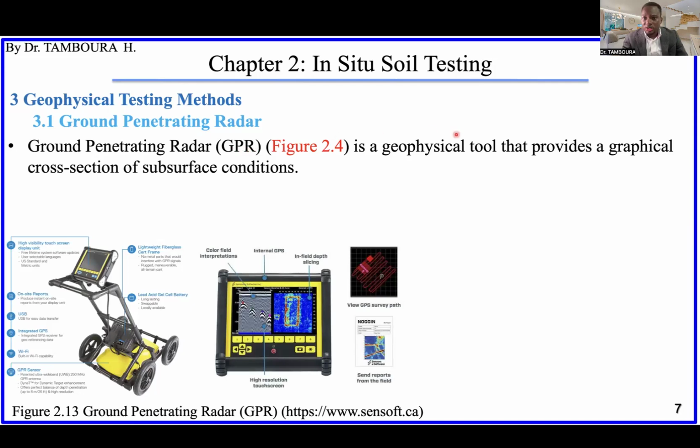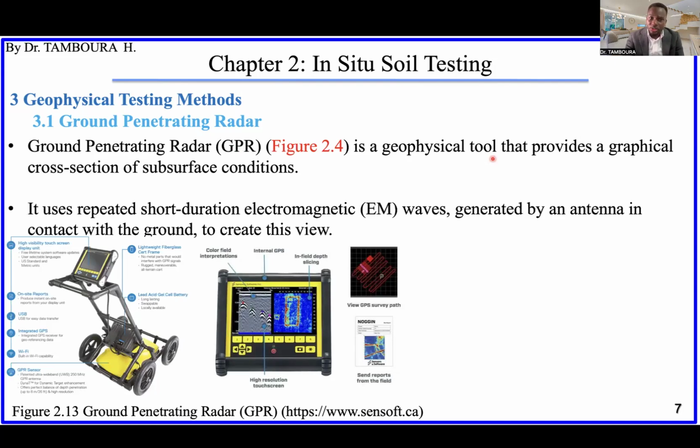GPR is a geophysical tool that provides a graphical cross-section of subsurface conditions. It uses repeated short-duration electromagnetic waves generated by an antenna in contact with the ground to create this kind of view. See?